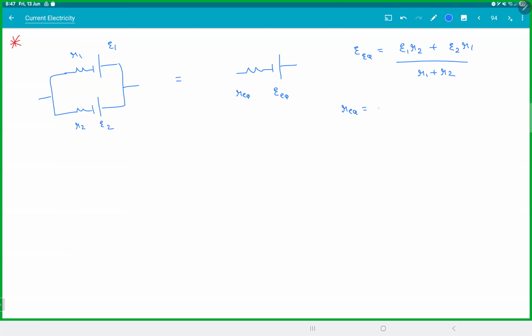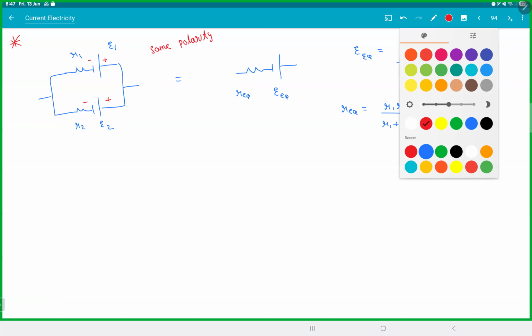And R equivalent is simply R1 R2 by (R1 plus R2). This is when you connect them in same polarity. You can just replace this whole setup with one single battery. Saves you a lot of time. Later on, we will see this thing in instruments also. So this whole combination behaves like that.